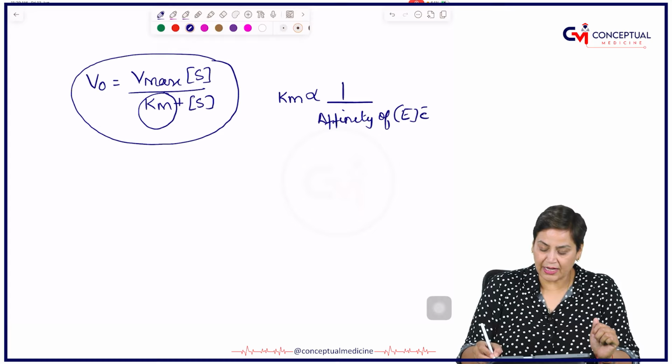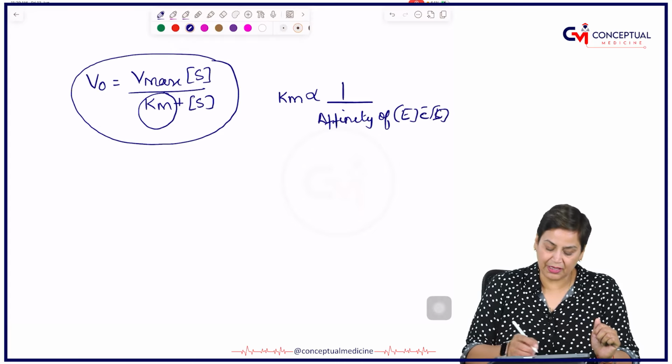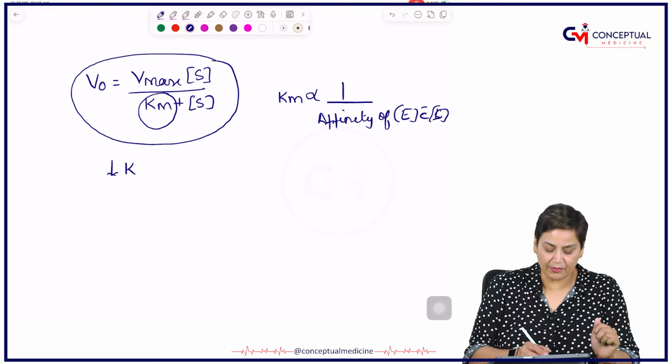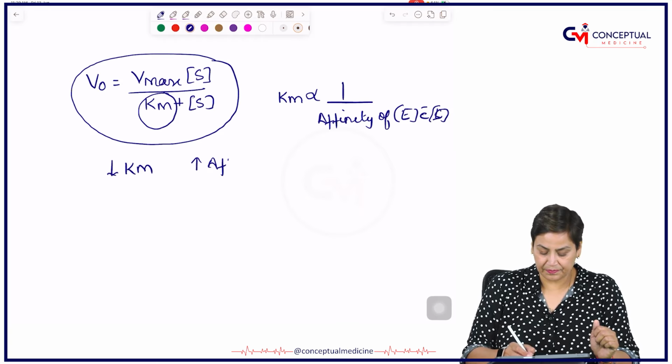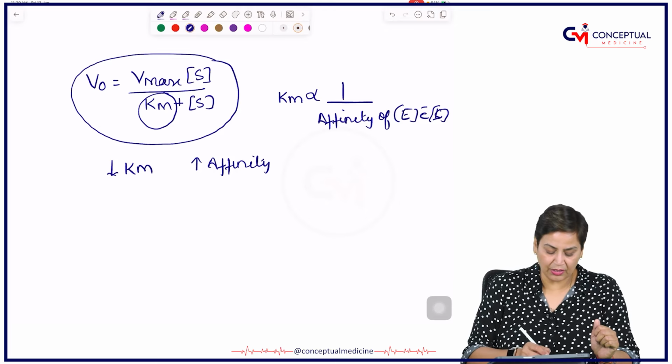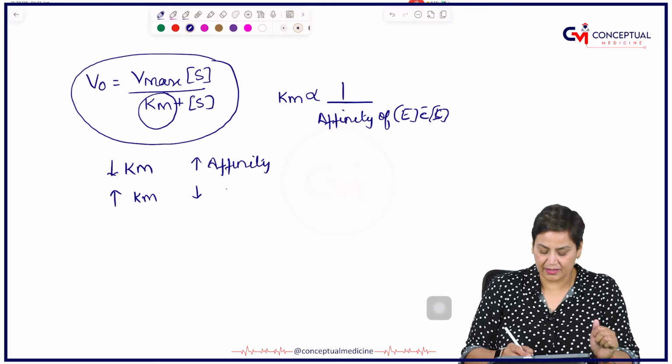And we all know that inversely proportional relationship means if an enzyme has low Km, automatically affinity would be high. And if we talk about high Km, the affinity needs to be less.